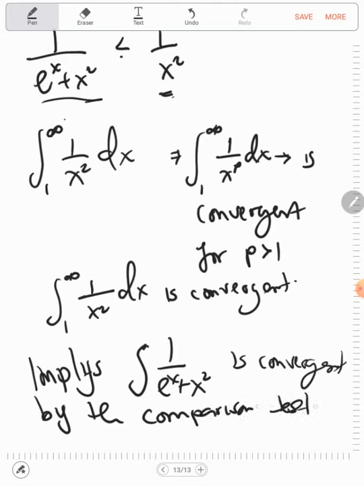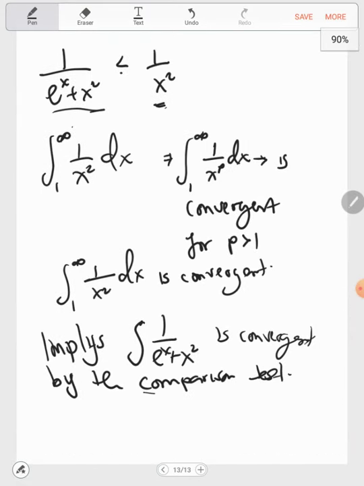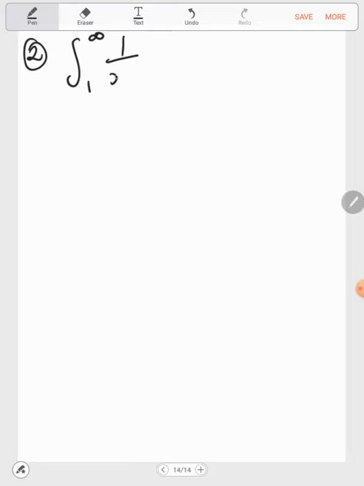Okay, so this is how we conclude. Let's move to the other example. In example 2, we have to determine whether this integral converges.